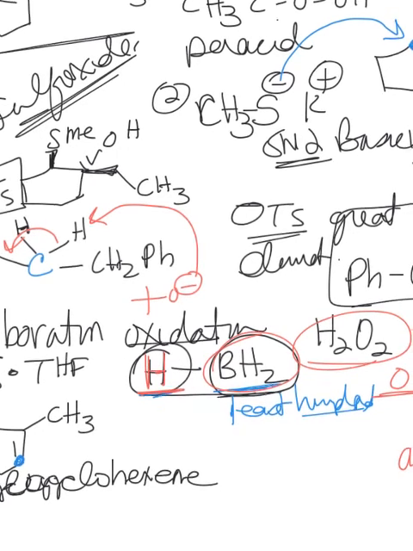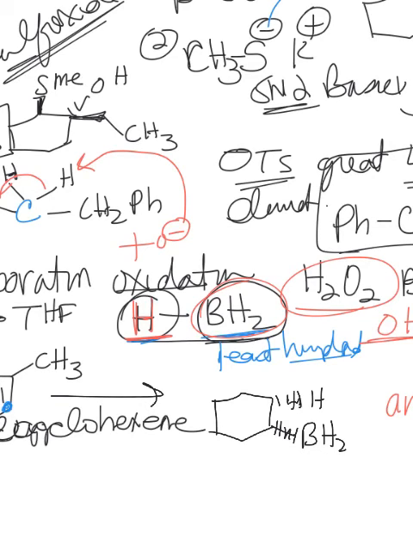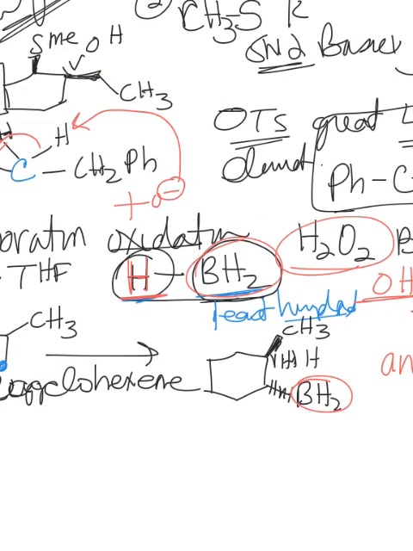because it's stereospecific, because the hydrogen and the borane add at the same time. So this is going to be BH2. We can just draw like that, and then the hydrogen is going to add on at the same time on the same side, and then we put our CH3 at the top. Now, the oxidation, the borane gets oxidized to hydroxyl.